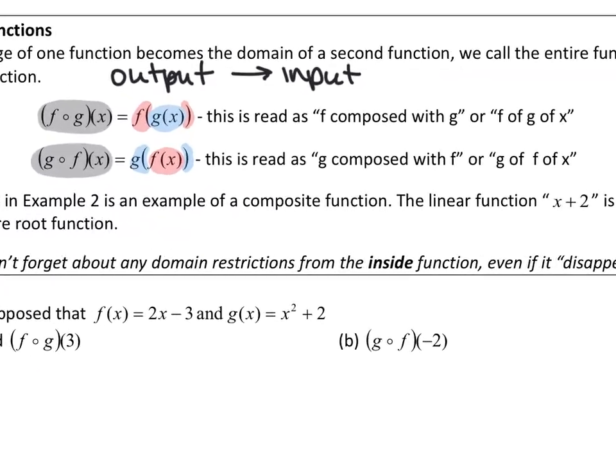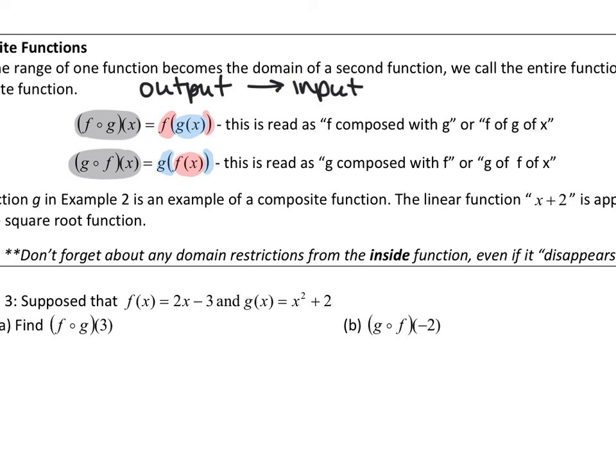One important thing to notice, if you want to flip back over to the front page, function g in that second example we did, so flip back over to the first page. Function g, which was square root of x plus 2, that's actually a composite function because x plus 2 is a linear function and square root is its own kind of function. So we have a linear function inside a square root function. That's technically a composite function.